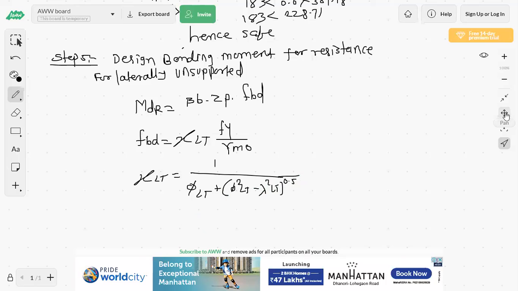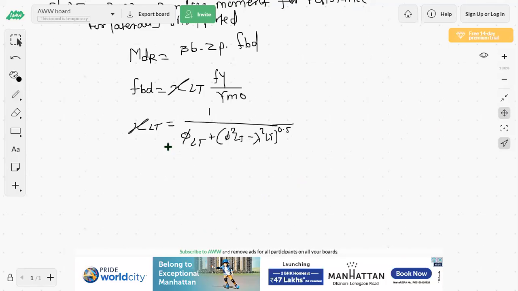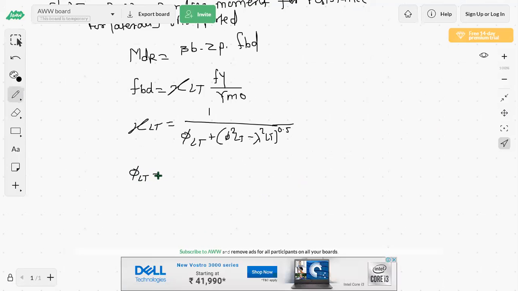Then in this formula we have to calculate again phi LT. So phi LT is equal to, let me write the formulas. Phi LT is 0.5 into bracket 1 plus alpha LT into bracket lambda LT minus 0.2, plus lambda LT square.